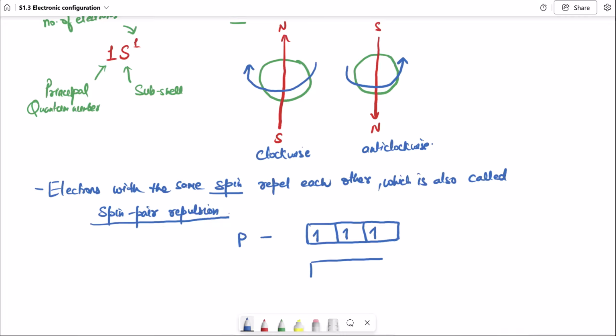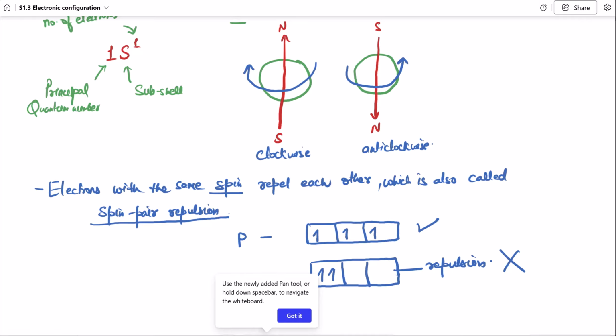If you put the electrons like this, there will be repulsion, which is not good, so this is not allowed. This is allowed, because here you are putting them in 3 different orbitals. That is why it is allowed.